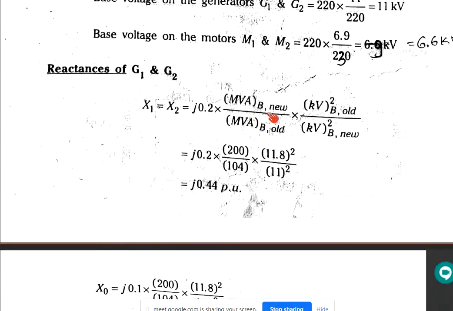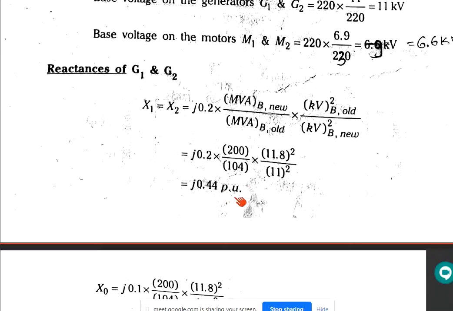MVA base new had been given in the question as 200, and MVA base old is 104. Then it is 11.8 squared by 11 squared, since KV old squared is 11.8 and KV new is 11.